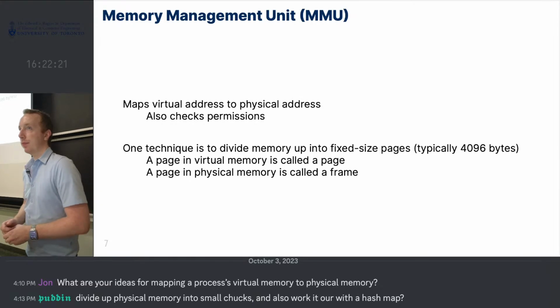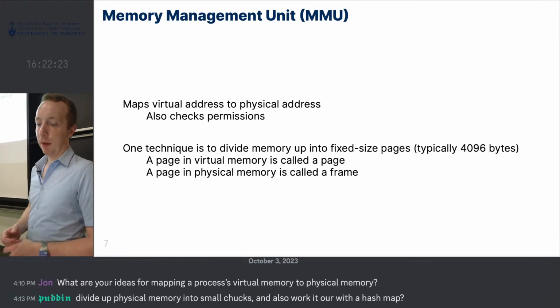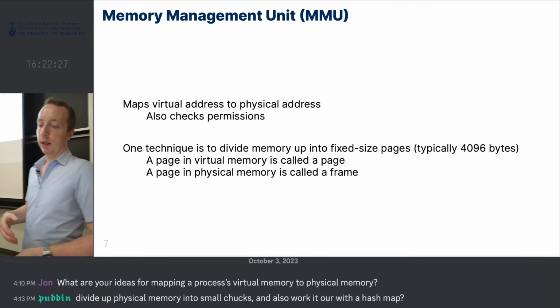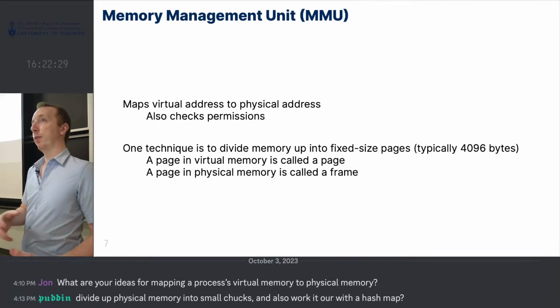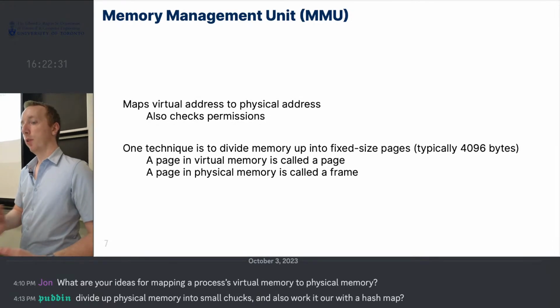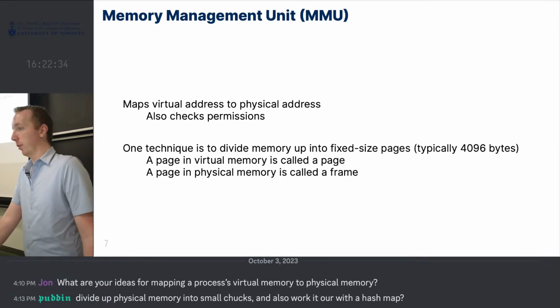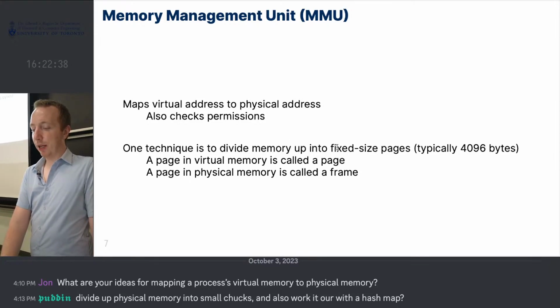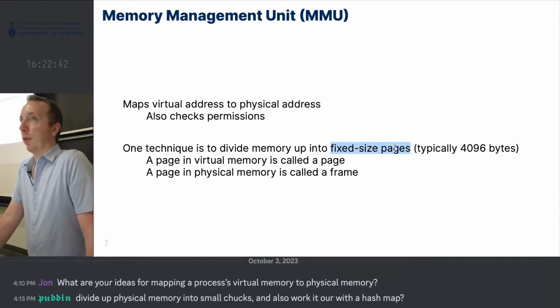So the MMU, or the memory management unit, is the actual hardware on your CPU that does the translation of a virtual address to a physical address, and also does all those permission checks I was talking about. So this dividing up memory into fixed size blocks, we call them something special in operating systems. We call them pages.